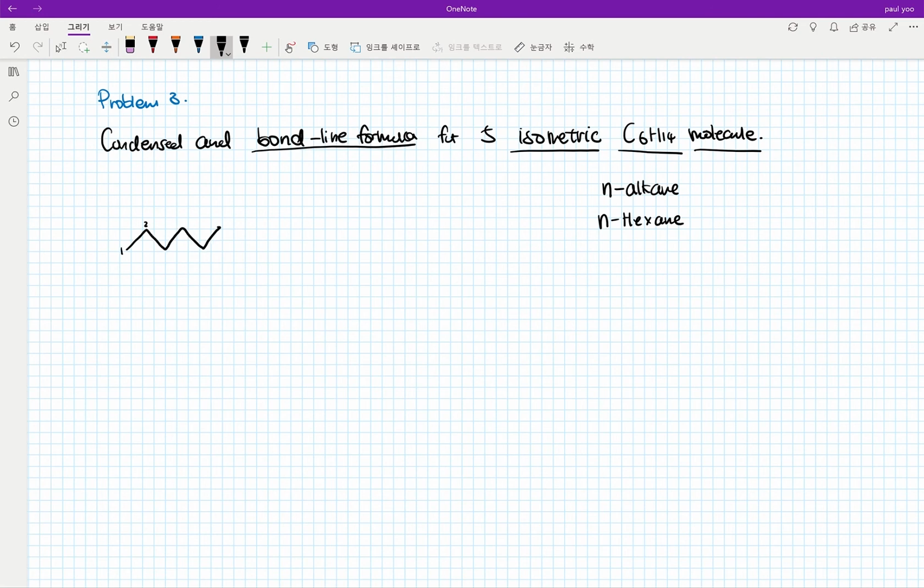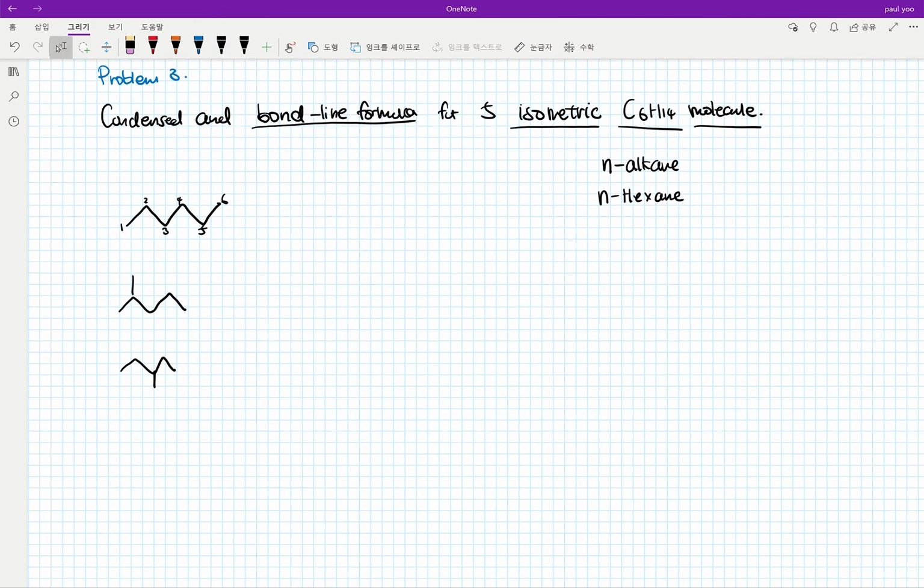Here is 1, 2, 3, 4, 5, 6, n-hexane. We can have a pentane with a methyl branch, and we can also have a pentane with a methyl branch right here. You can pause the video here and find out what the other two possibilities would be.